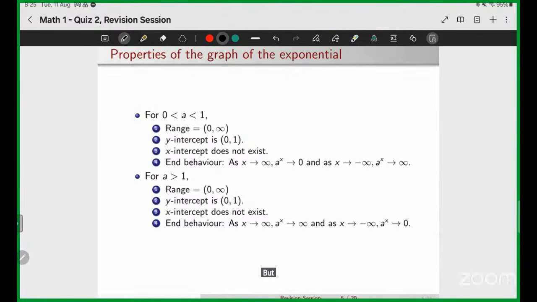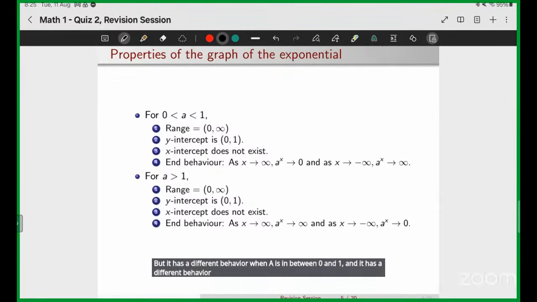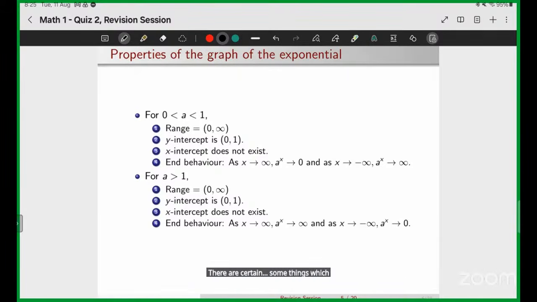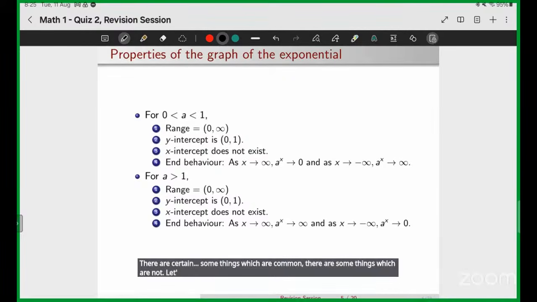But it has a different behavior when a is in between 0 and 1, and a different behavior when a is greater than 1. There are some things which are common, there are some things which are not. Let's see what happens.